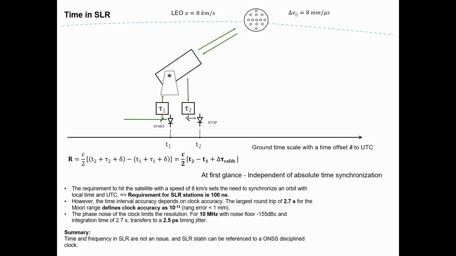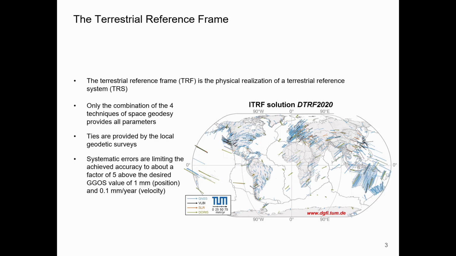Concluding all those thoughts, we can say that for the usual SLR technique, we are happy with some very general disciplined GNSS receiver. So then the question is where we can use clocks and why bother.